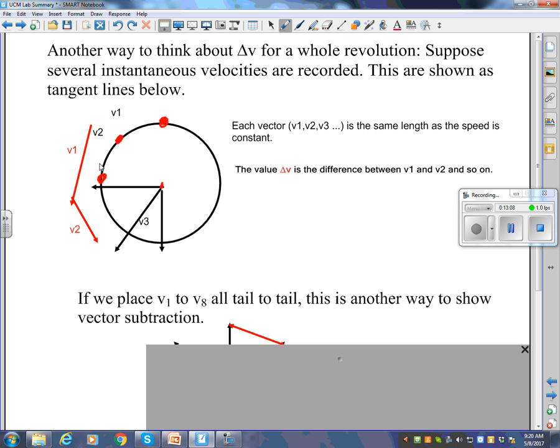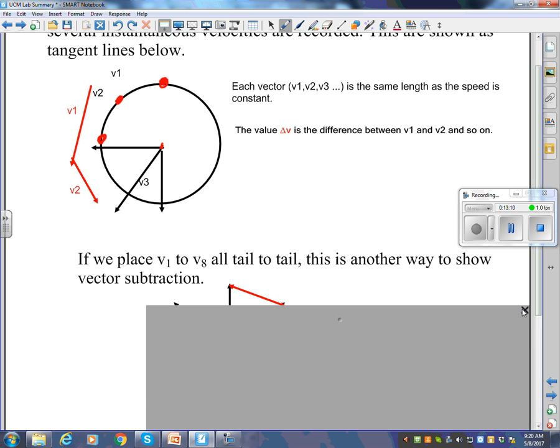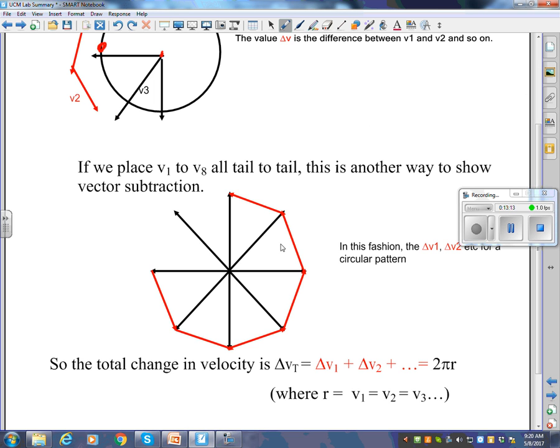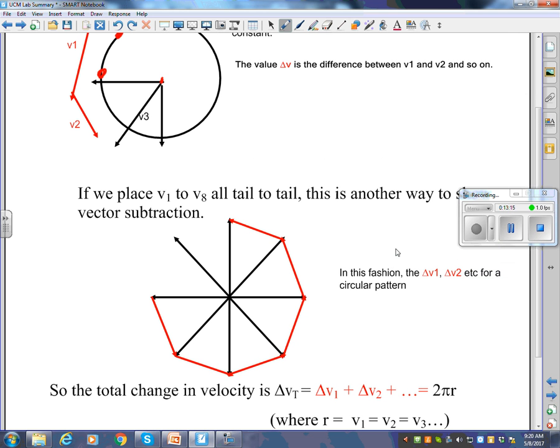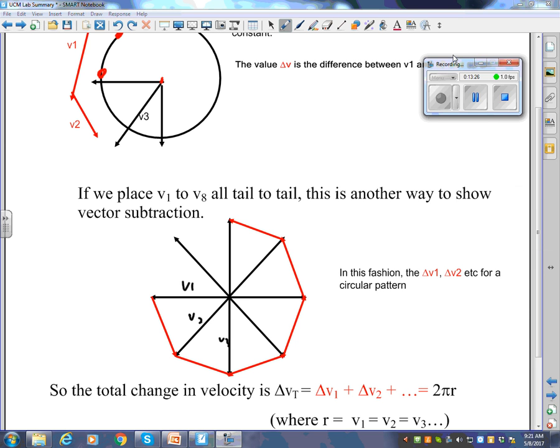And if you do that, you get something that looks like this. Do you see that? So this would be V1, V2, V3, and all the way around, and then delta V1 and delta V2 and so on are now these red ones here.